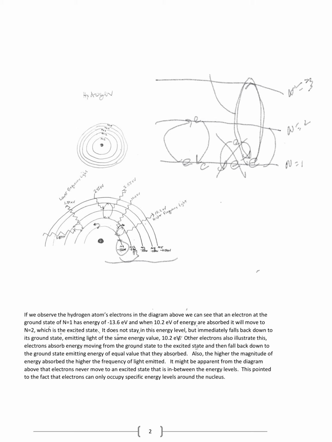This would be a higher frequency light. Okay, and we would see that as visible light that would actually be a different color, or if it's enough energy, it could be ultraviolet light, which is a much higher frequency and has more energy than visible light.